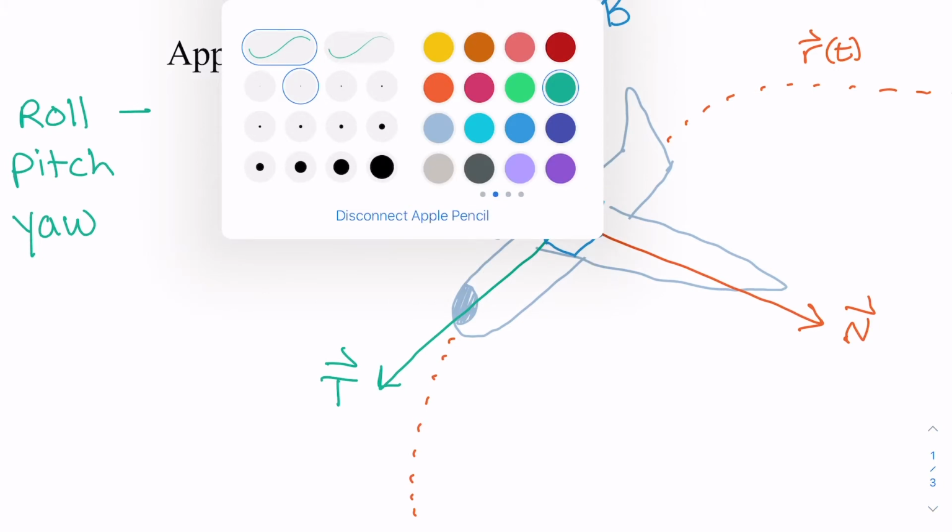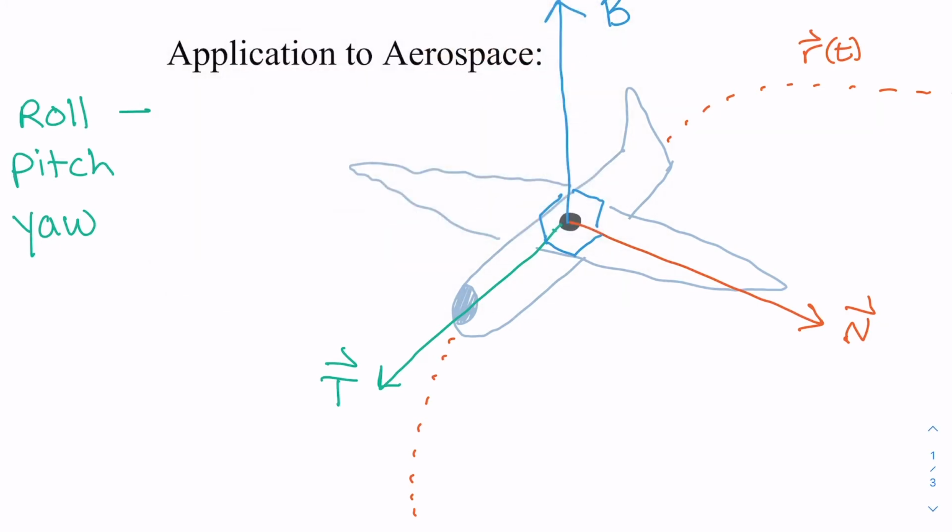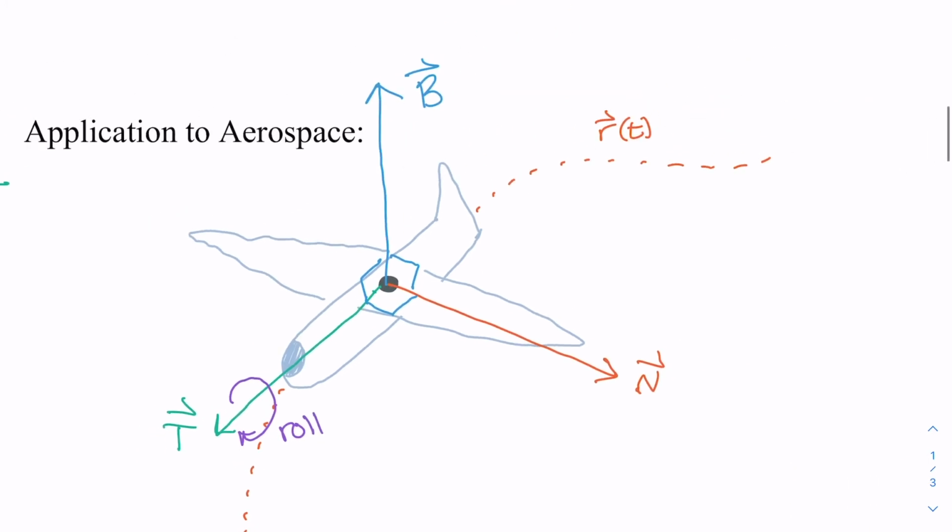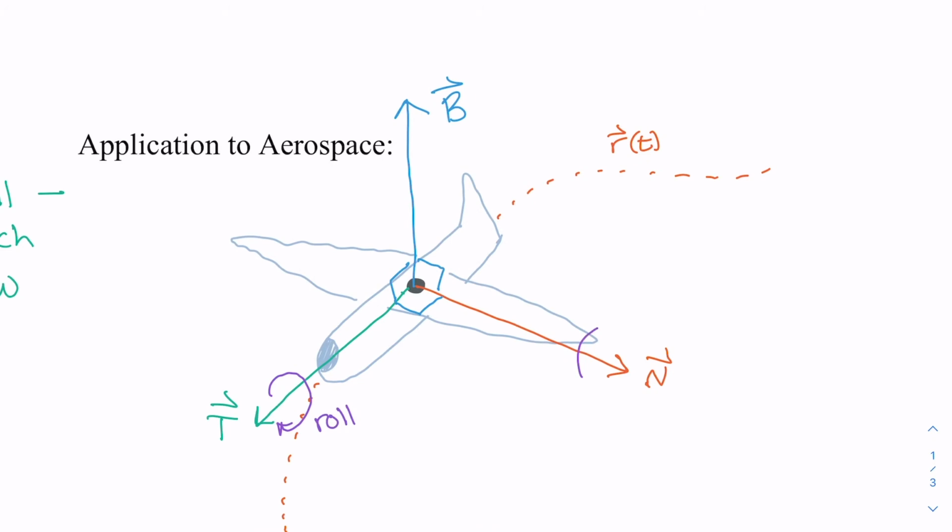So how do I draw this? Let me pick this purple. So roll is a rotation of the plane around this vector. Pitch is the angle that the plane is flying. So if the head is higher than the tail, that's rotation around the unit normal axis. So this is pitch.